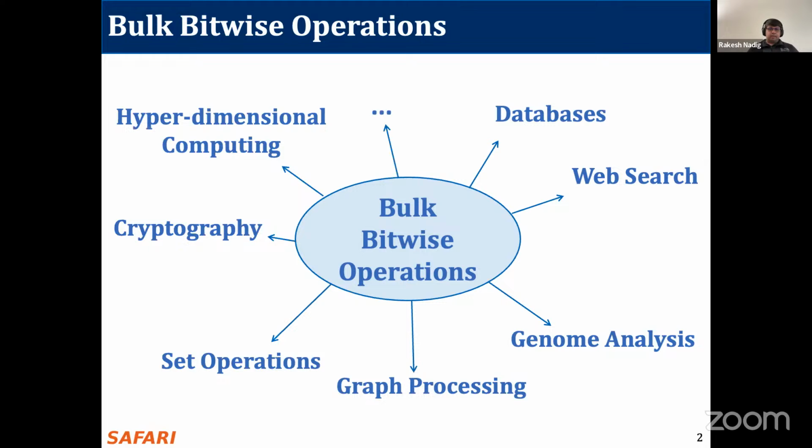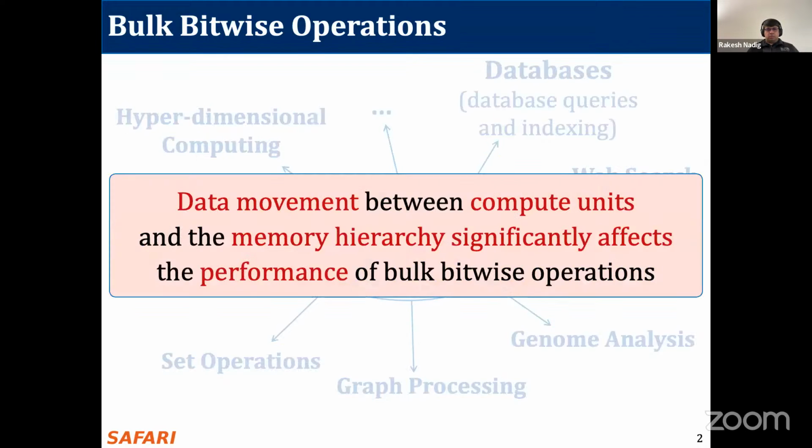As I said, they are widely seen in many applications like databases, web search, genome analysis, cryptography, etc. And as I said, data movement is severely affecting the performance and energy efficiency of these operations, because the data is being moved from the storage device to the compute units through the memory hierarchy for every computation, and this severely affects performance.